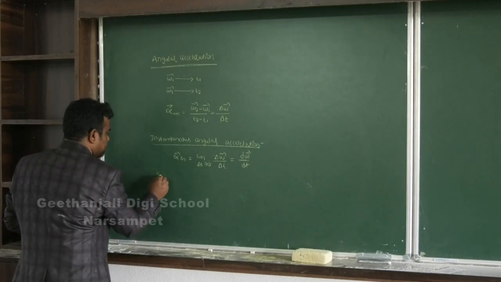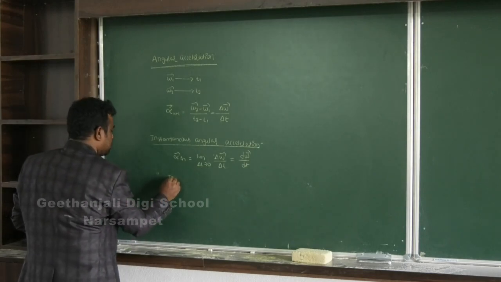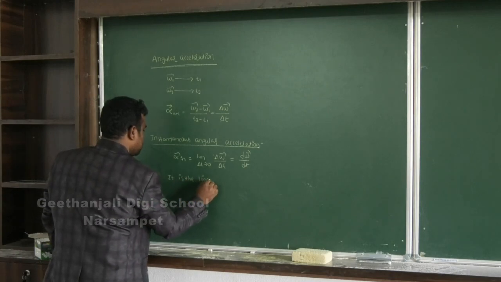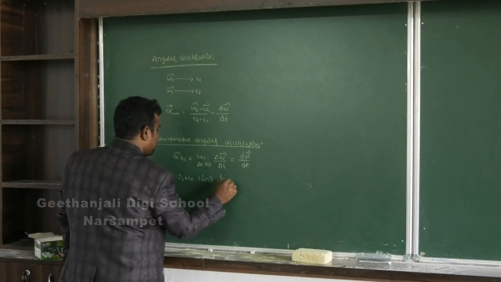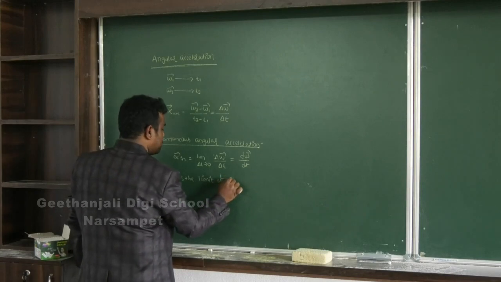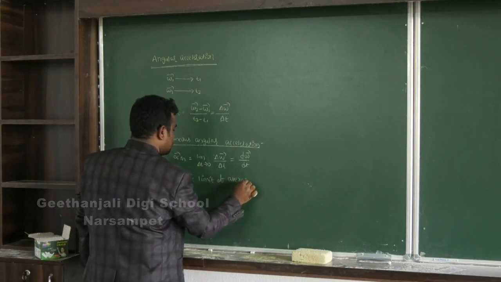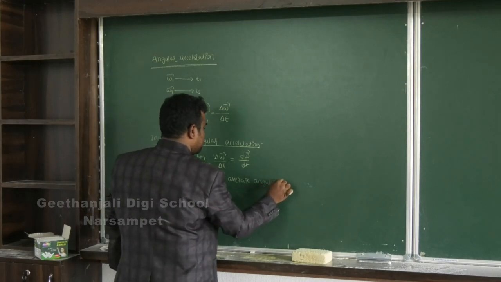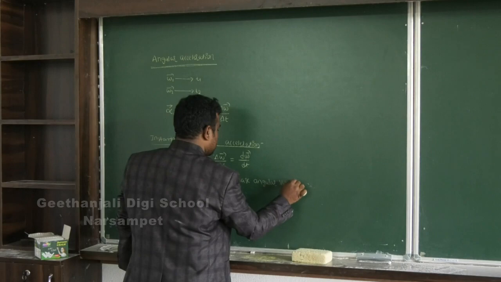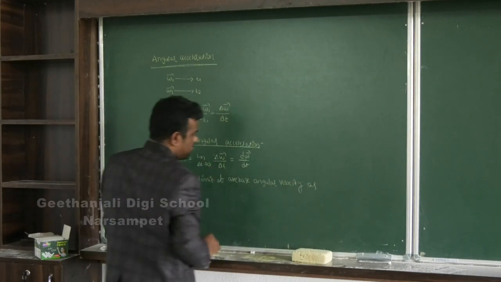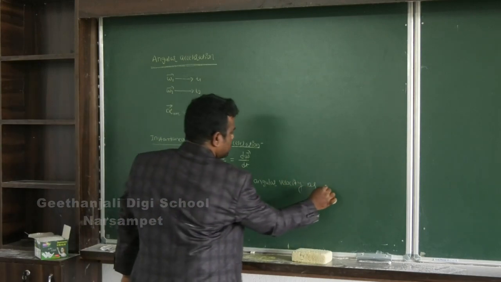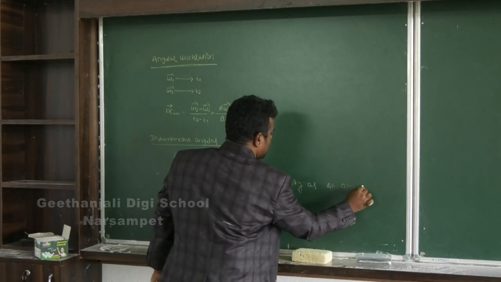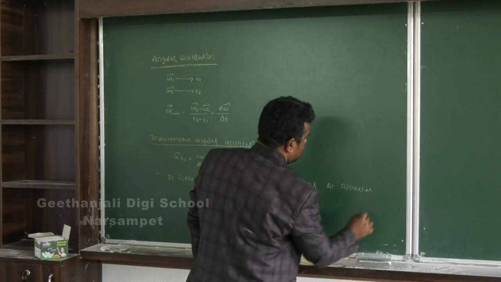I am defining this. It is the limit of average angular acceleration as delta t approaches zero.